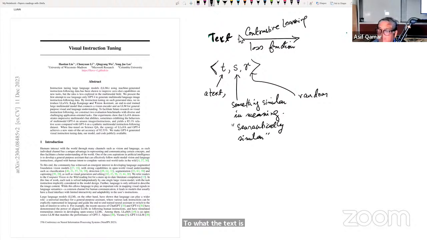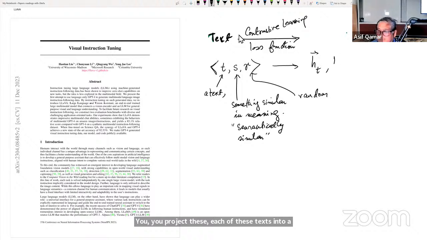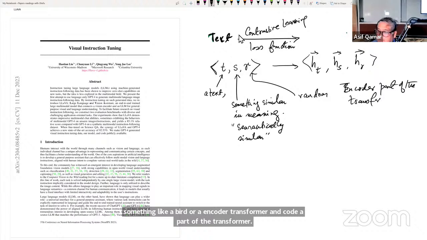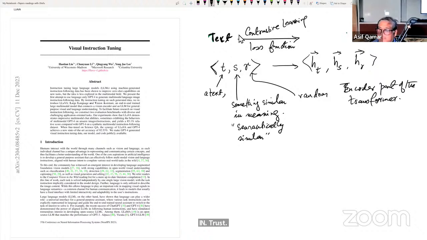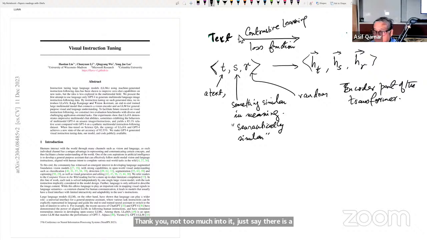Contrastive learning basically says that you project each of these texts into hidden embedding vectors of the text. You use some mechanism, and in particular, you often use something like a BERT or the encoder part of the transformer. If you're not too much into it, just say there is a mechanism these days to convert text into vectors.